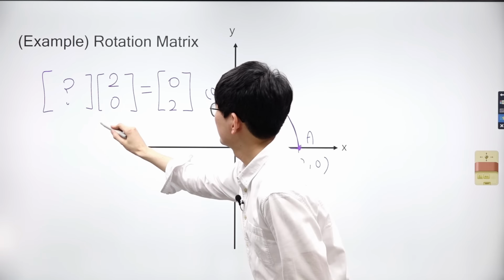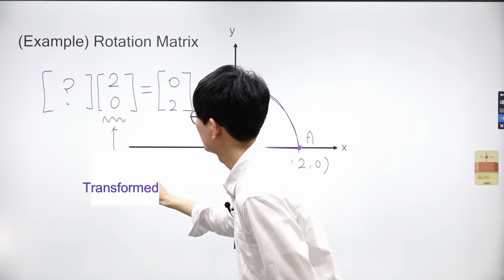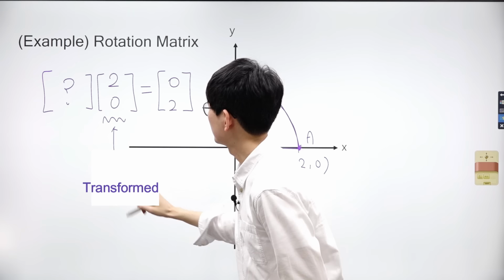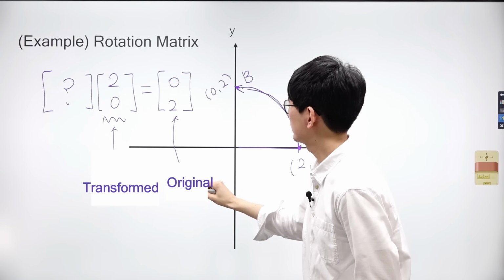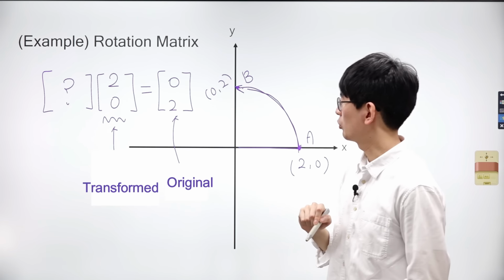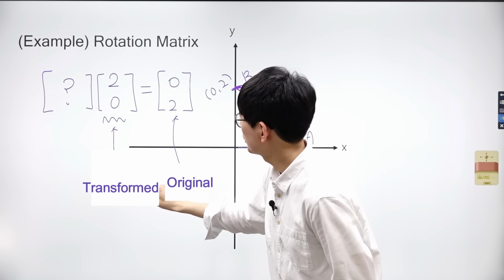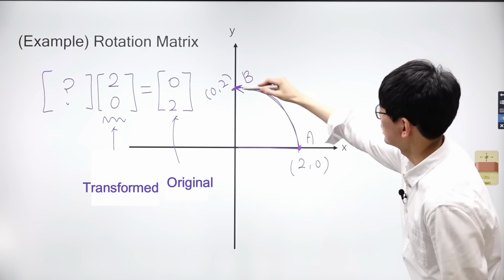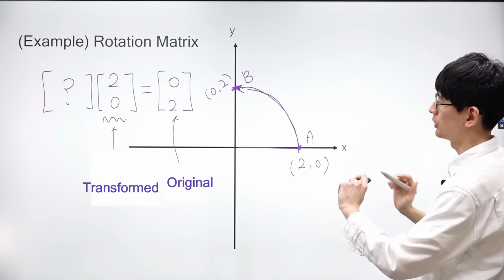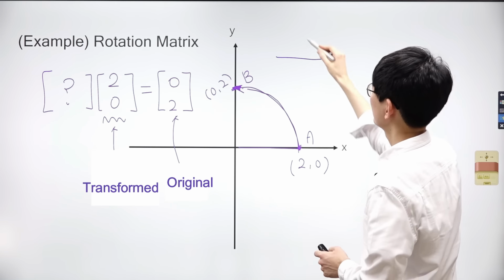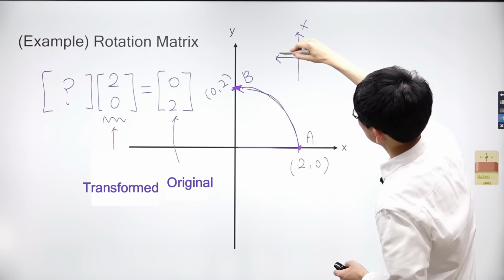As mentioned earlier, 2, 0 represents the coordinates of a vector in an adjusted coordinate space, while 0, 2 represents the original coordinates of the same vector in the initial coordinate space. How could we adjust the axis of the plane so that the coordinates 0, 2 correspond to 2, 0? One approach could be to designate the vertical axis as the x-axis and the horizontal axis as the y-axis.